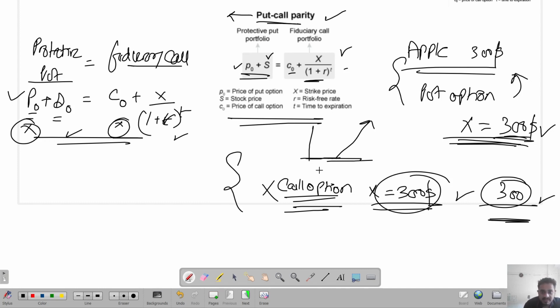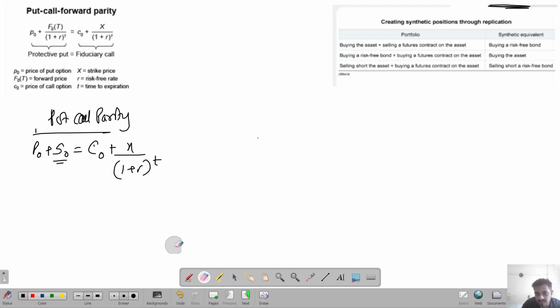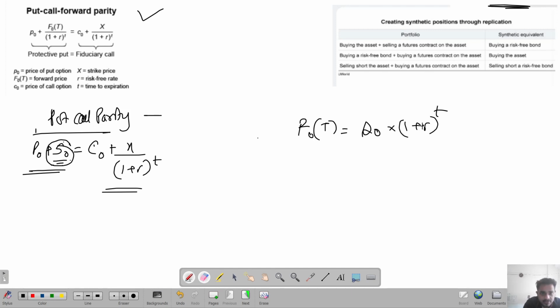Similarly, if you take this concept forward, we can get the put call forward parity. Now we know in put call parity we have a protective put and we have a fiduciary call. Now let's understand what we can replace the stock with. We know that the forward price is equal to the stock times (1 plus r) the whole raised to t.